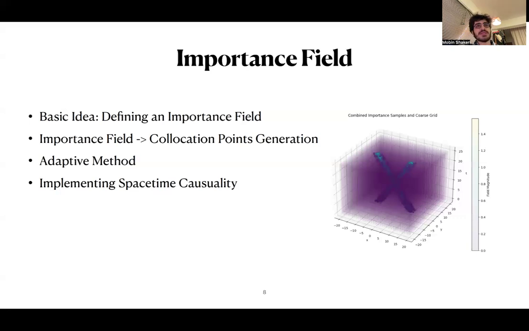These importance fields act as a modifier for the loss function, and are used as a probability distribution for the collocation points which we put inside our domain. So instead of treating all the points equally, we define an adaptive importance field to focus training on the most relevant regions. Therefore, this leads to better accuracy, faster convergence, and more efficient training.